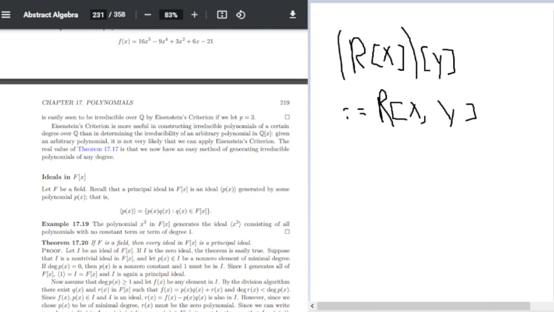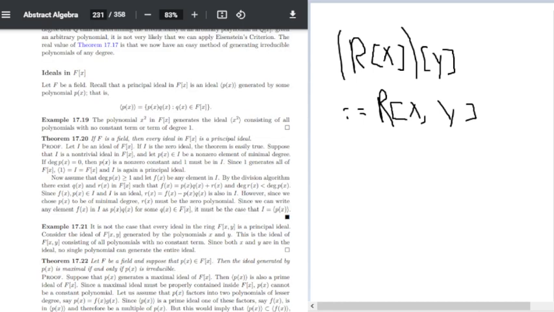Given an arbitrary polynomial, it is not very likely that we can apply Eisenstein's criterion. The real value of theorem 17.17 is that we now have an easy method of generating irreducible polynomials of any degree. So we can see that any degree, minus the monic term, has an irreducible polynomial related to it, which is extremely powerful.